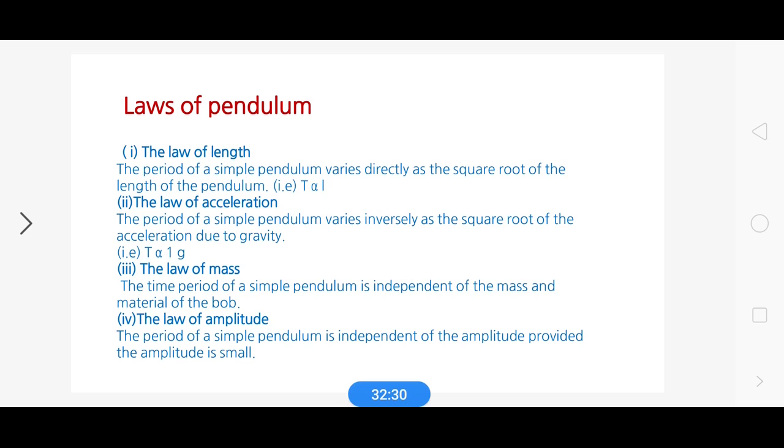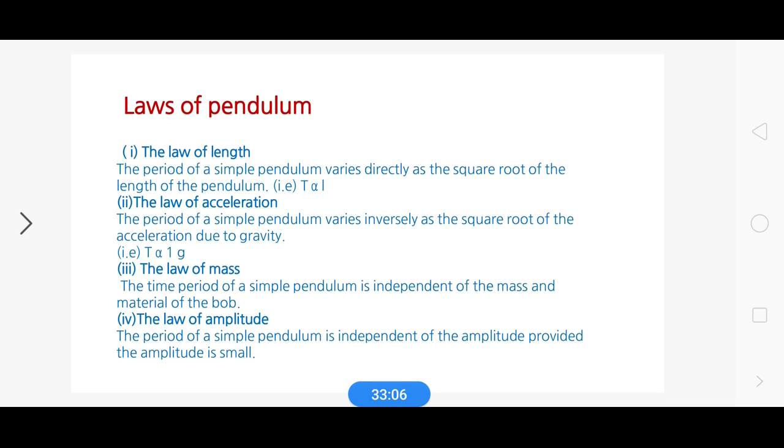That means the time period T is directly proportional to the square root of the length of the pendulum, T proportional to root L. By increasing the length of the pendulum, the time period increases, and by decreasing the length of the pendulum, the time for one oscillation also decreases.